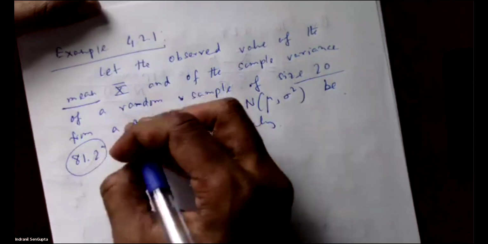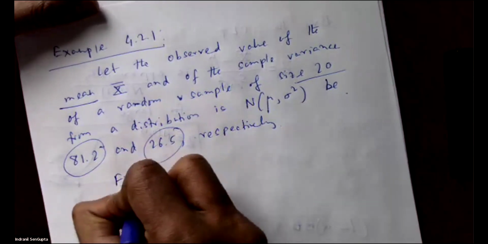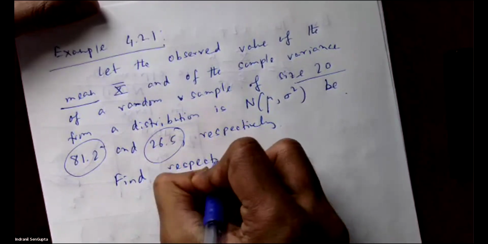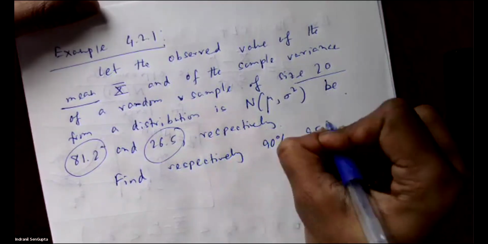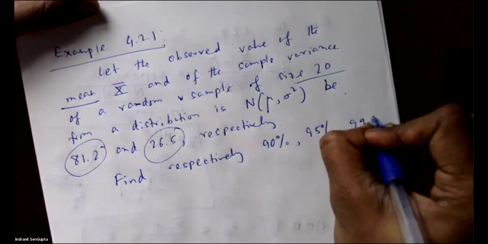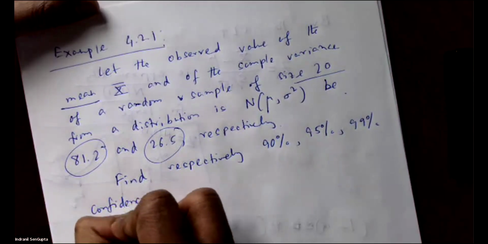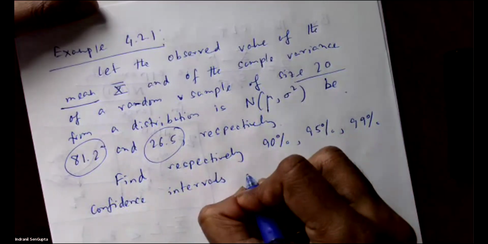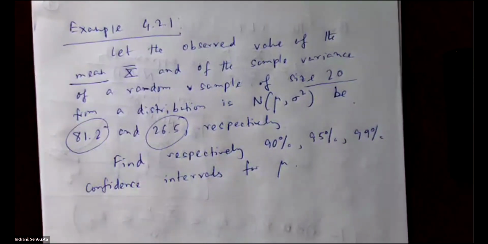Find respectively 90%, 95%, 99% confidence intervals for mu. So we'll find a bunch of confidence intervals for mu.